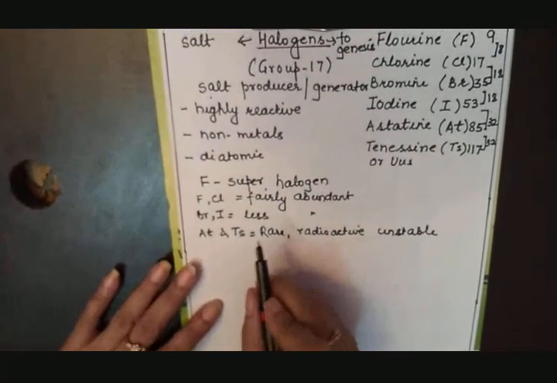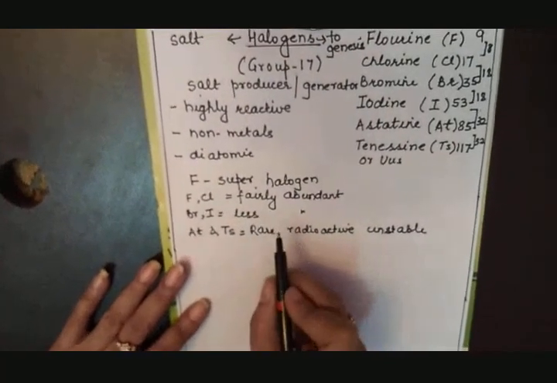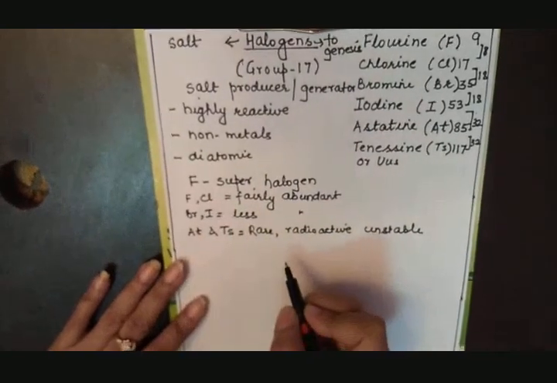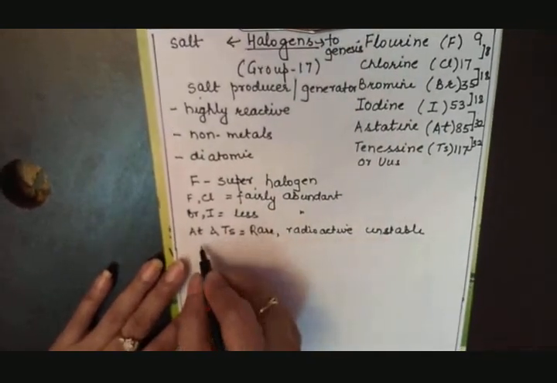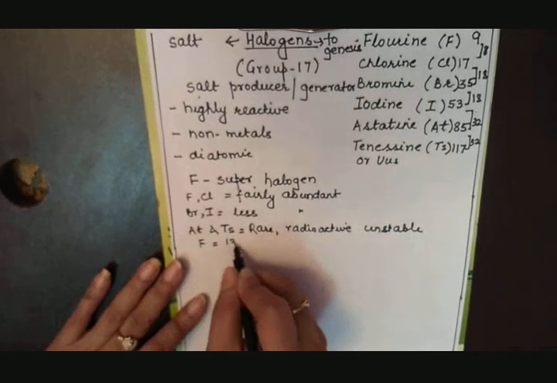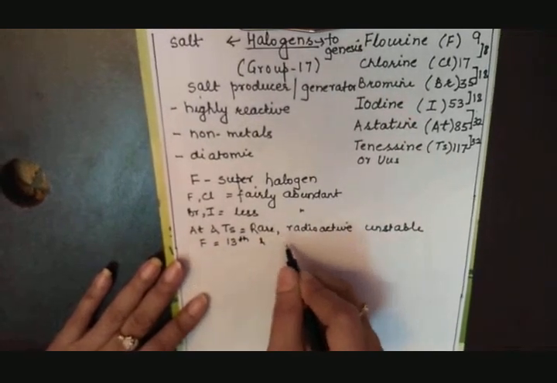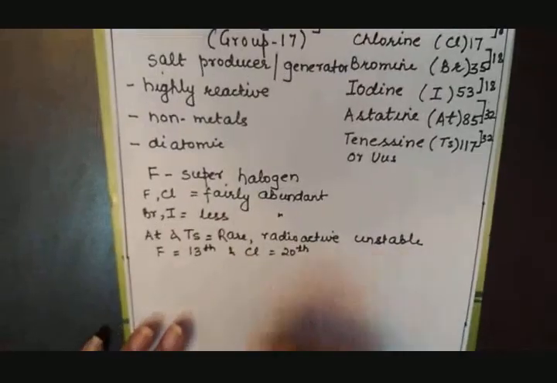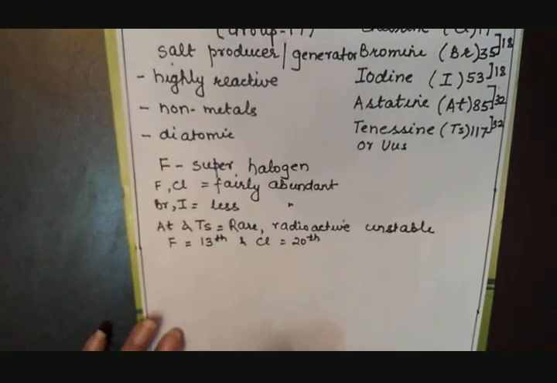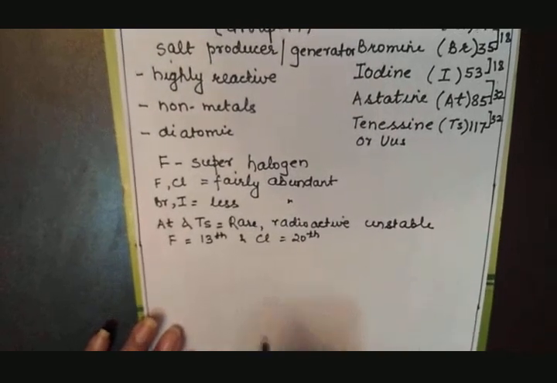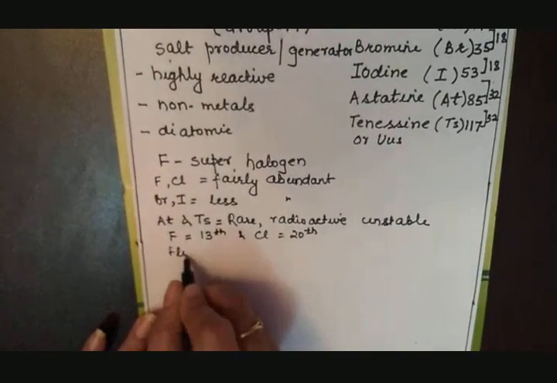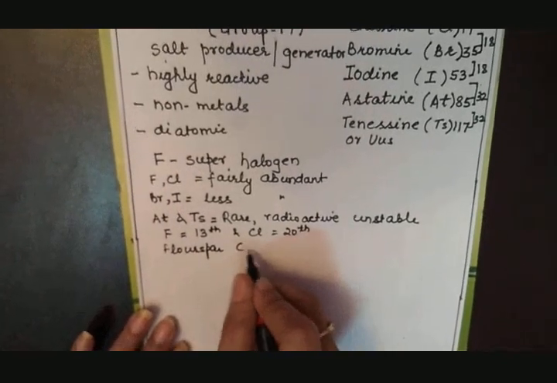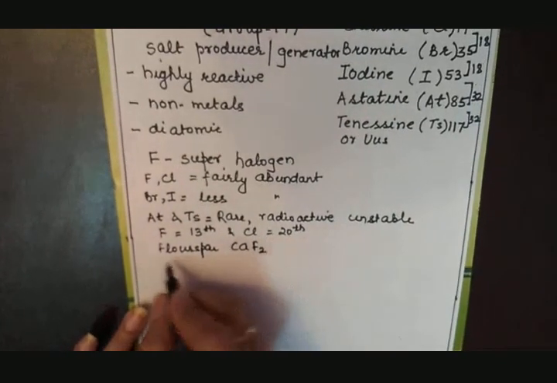If we talk about the occurrence of fluorine and chlorine in the earth's crust by mass, then fluorine is the 13th and chlorine is the 20th most abundant element. The important ores of fluorine are fluorspar, formula CaF2.